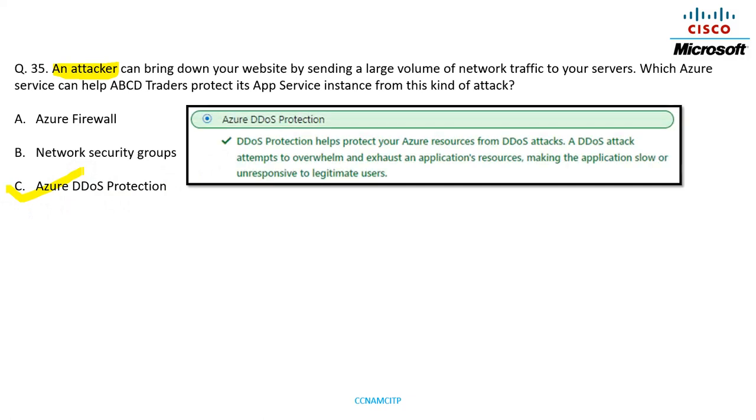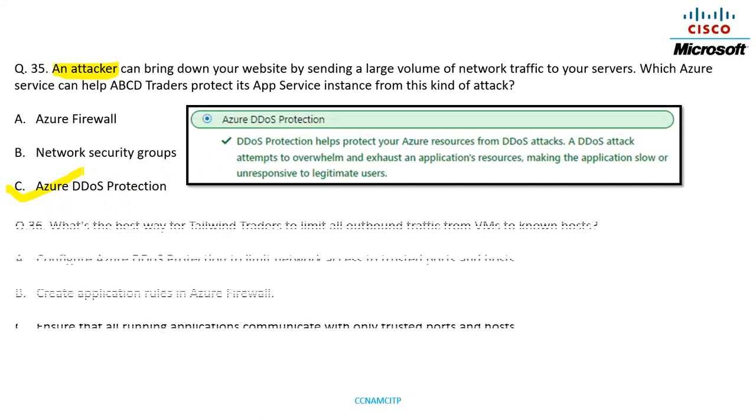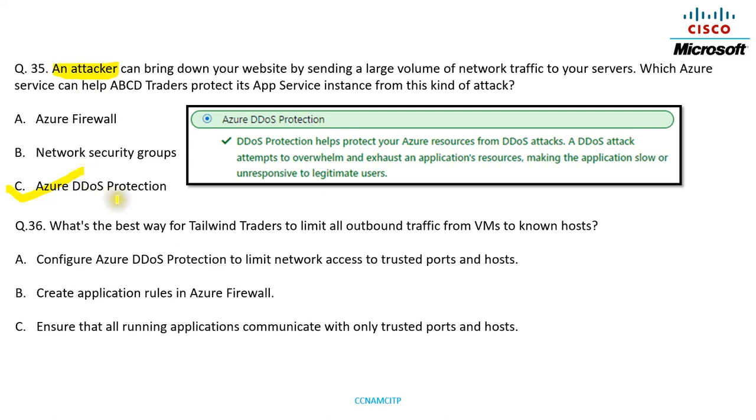Okay, and the next question is, what is the best way for tailwind traders to limit all outbound traffic from virtual machines to known hosts? So what you can configure here?